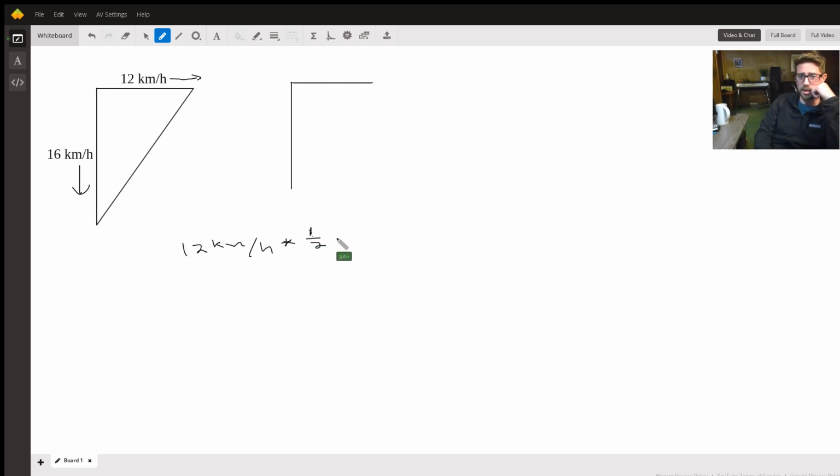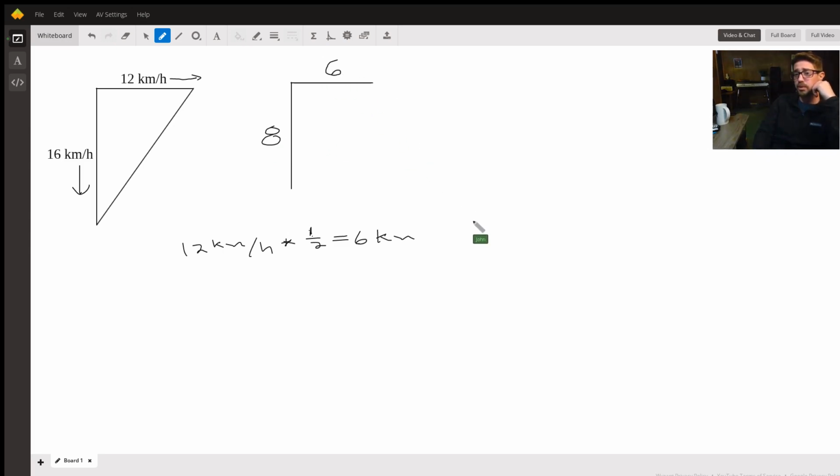So that's 6 kilometers. Pretty easy math. Similarly, the other bicyclist has gone 16 kilometers an hour for half an hour, so he's gone 8 kilometers. So we can label that.